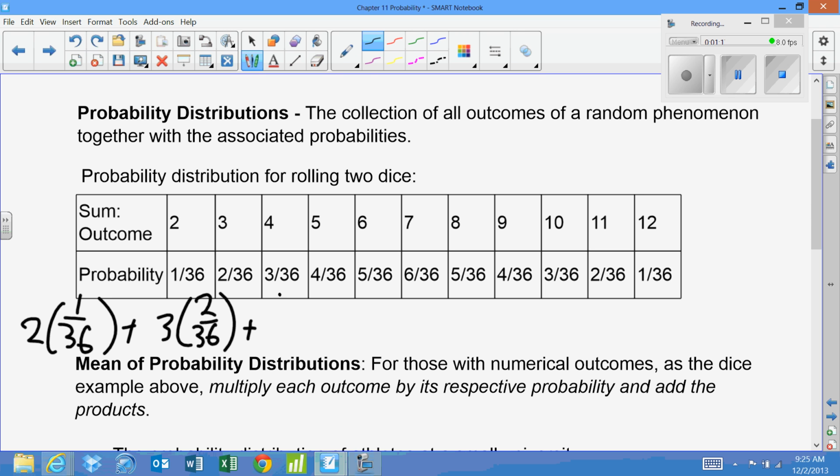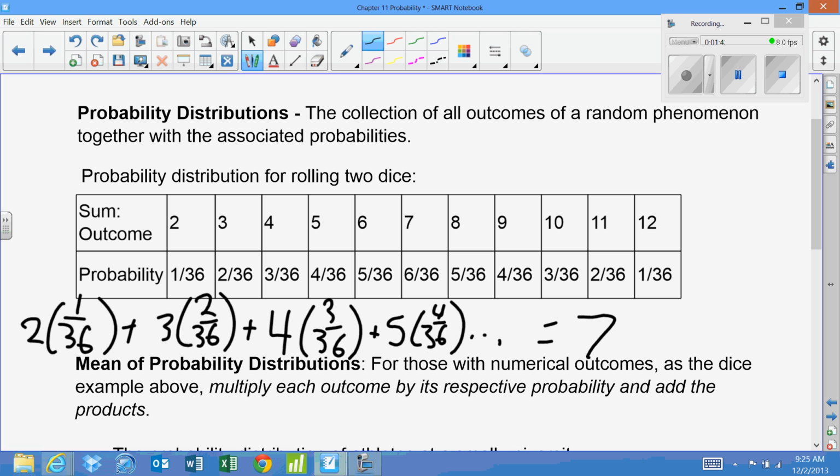We would add it to 4 times 3 out of 36 plus 5 times 4 out of 36, and so on. If you were to multiply all of those up, you would get a mean of 7.